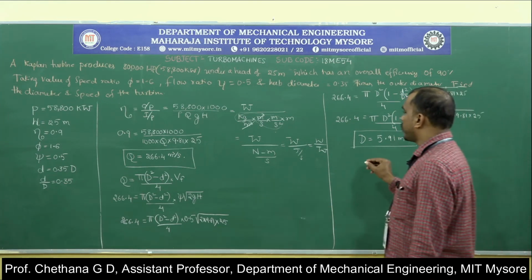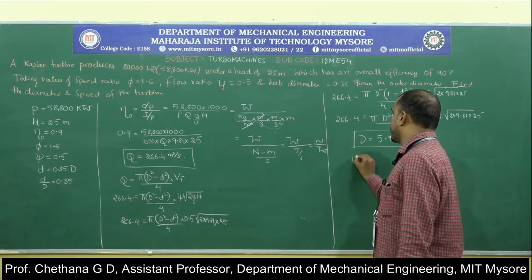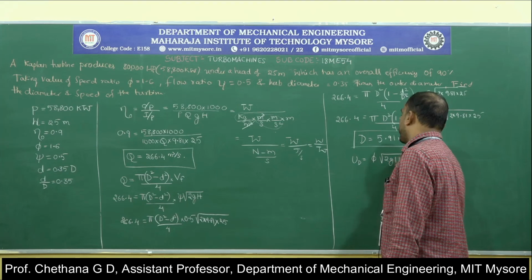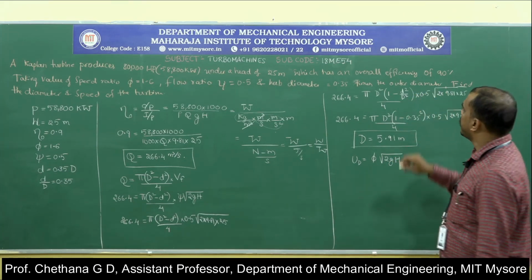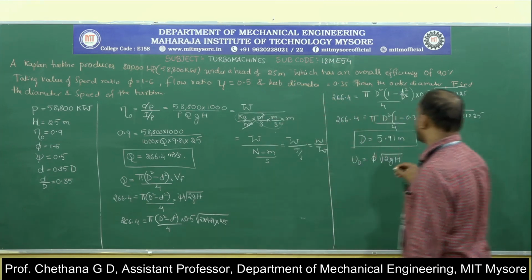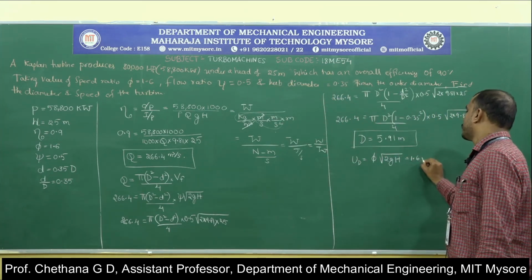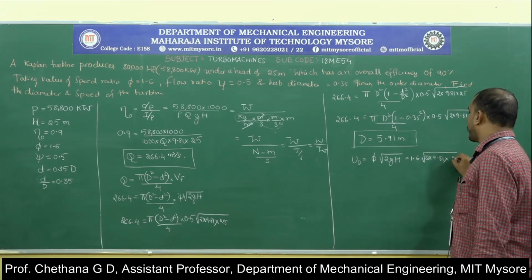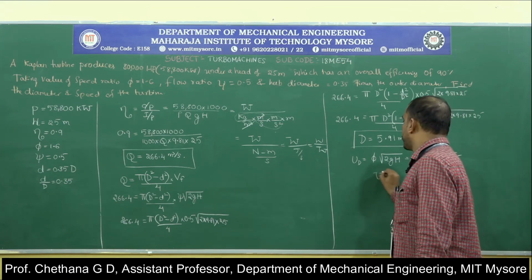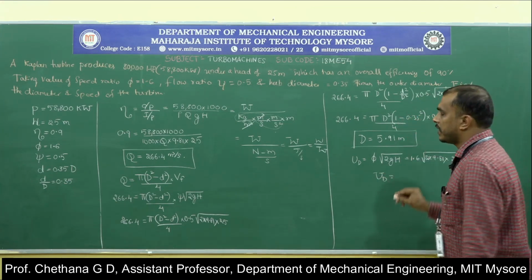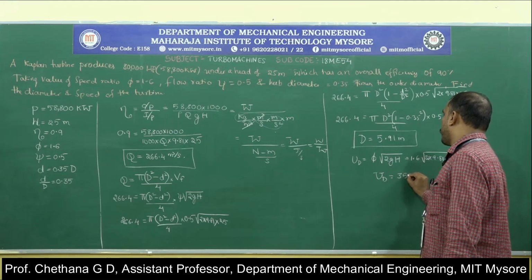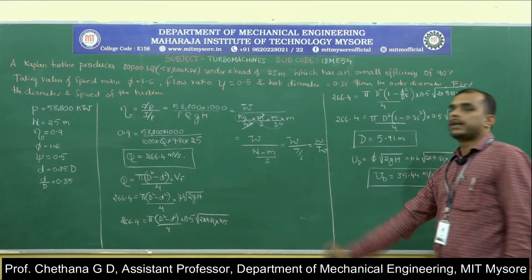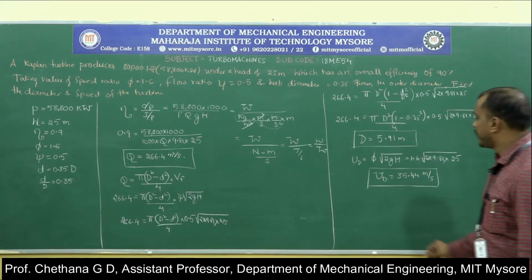Okay. Now we also know what U is given by: phi into square root of 2gH, where phi is the speed ratio. We know that value, phi is 1.6, into square root of 2 into 9.81 into head 25. You get the value of U_D, which is 35.44 meter per second. Now this tangential velocity we calculated.